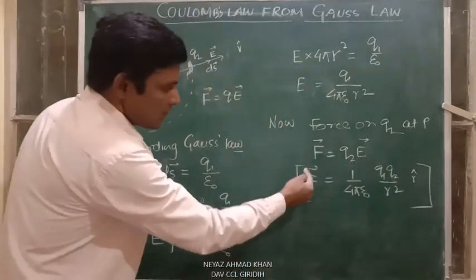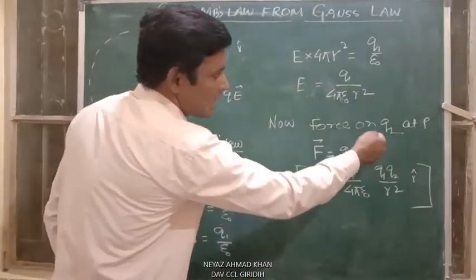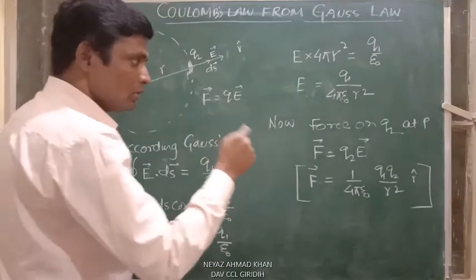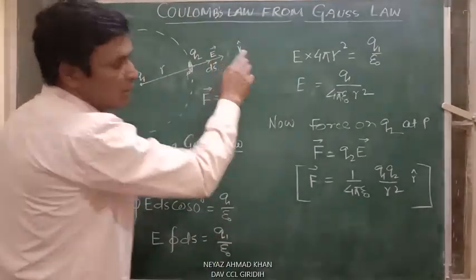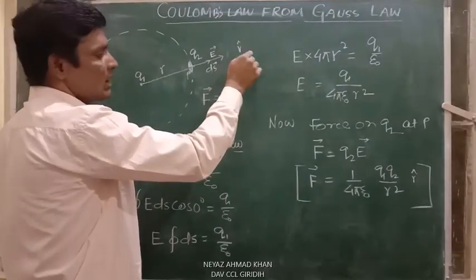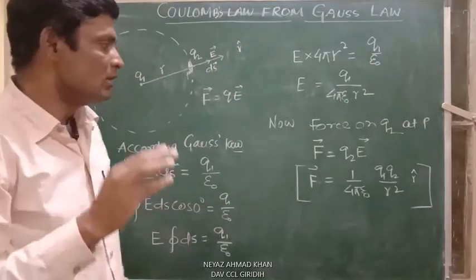The direction of the force will be the same as the direction of the electric field. To show this direction, I have taken a unit vector r, which represents the direction of the electric field as well as the direction of the force.